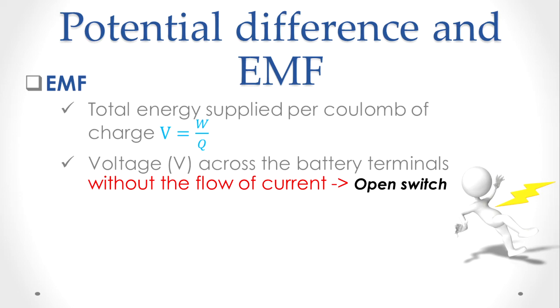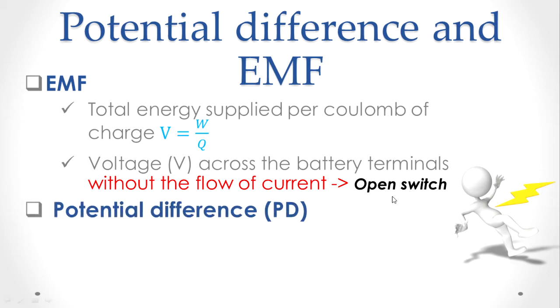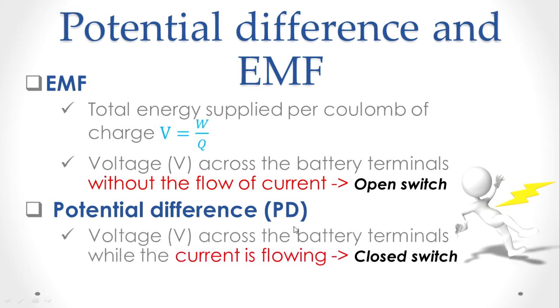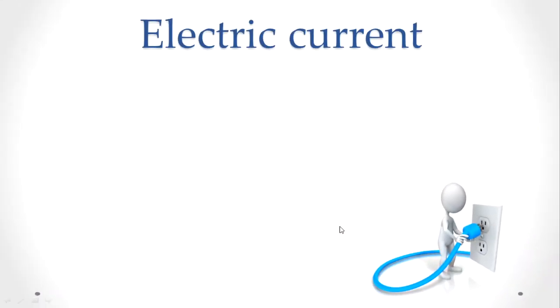The EMF can be measured in volts, like I said, and it can be done by attaching a voltmeter across the battery terminals, and you don't require a flow of current, so you can have an open switch. So that's pretty useful. Potential difference is similar but different, because now we have the current flowing. It's the voltage across the battery terminals while the current is flowing, so you have a closed switch. We will be discussing that in more depth in a later video.